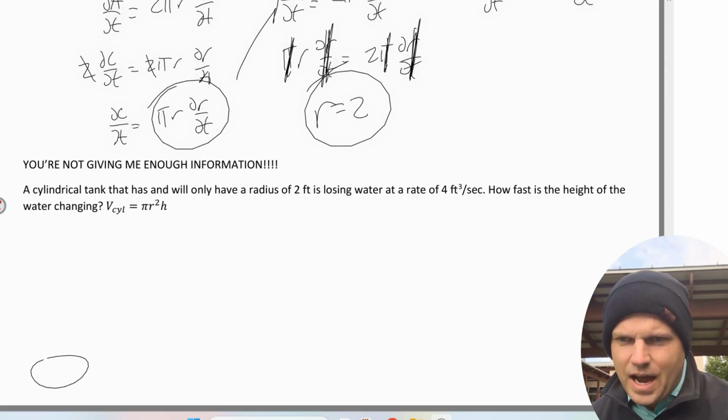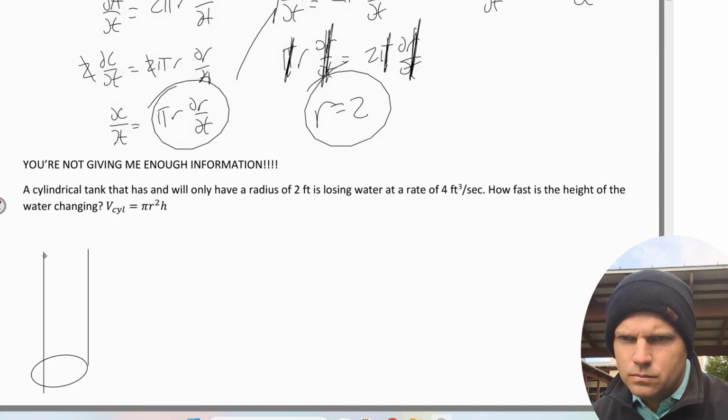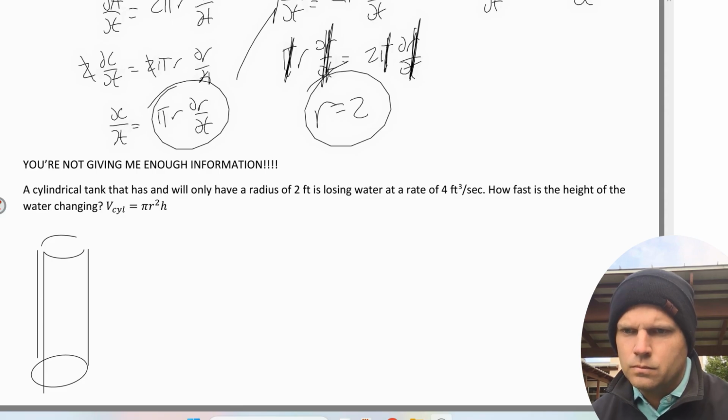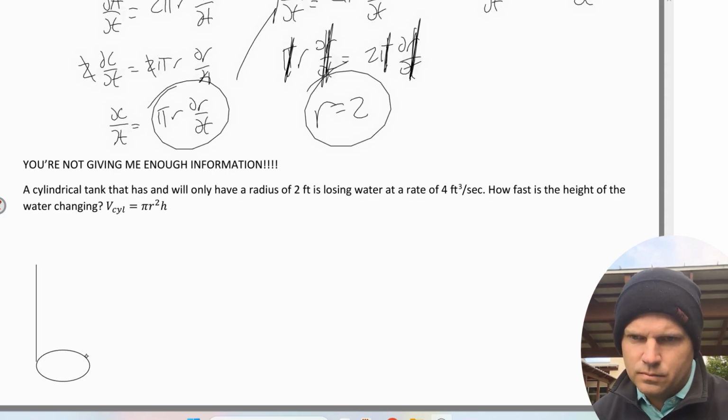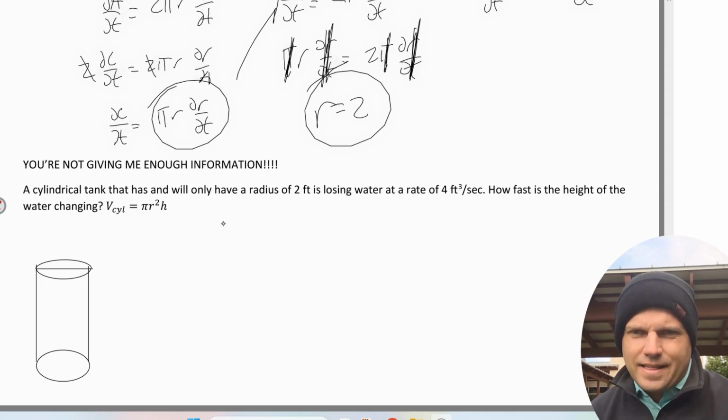Here's what I'm talking about. We've got a cylindrical tank. This is the worst tank I've ever drawn in my life, and I've drawn some pretty bad tanks. And we've got this volume formula, which is V = pi r squared h.